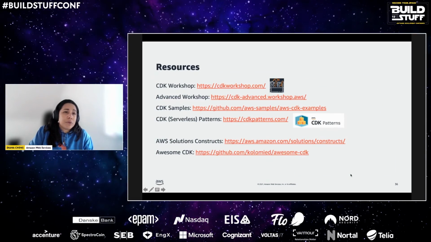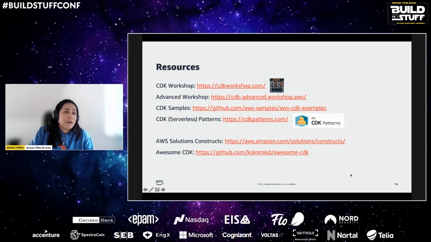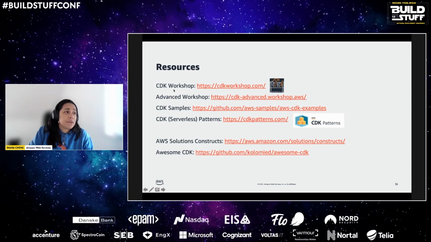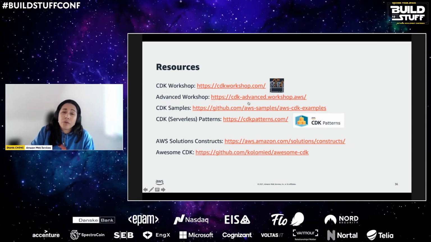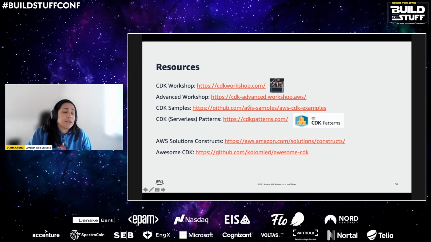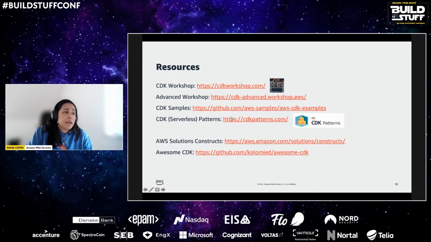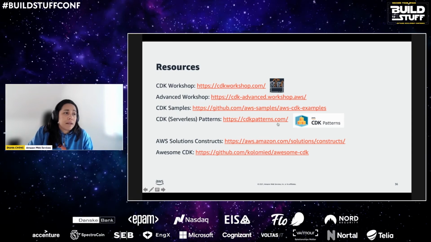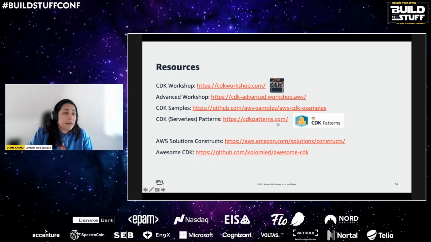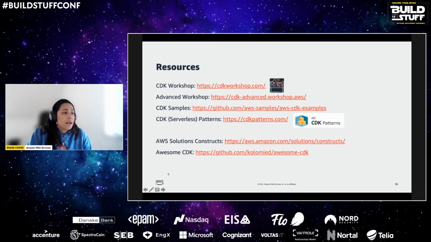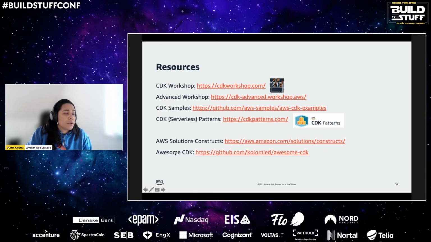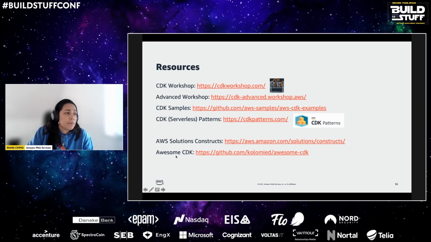Just to list some resources here, if you want to learn, you can get a guided experience through the CDK workshop. We also have an advanced workshop focusing more on CDK pipelines, which I mentioned today. There's a super nice collection of CDK patterns that are serverless patterns that you can reuse in your applications. And I've mentioned already solutions constructs made available by AWS.